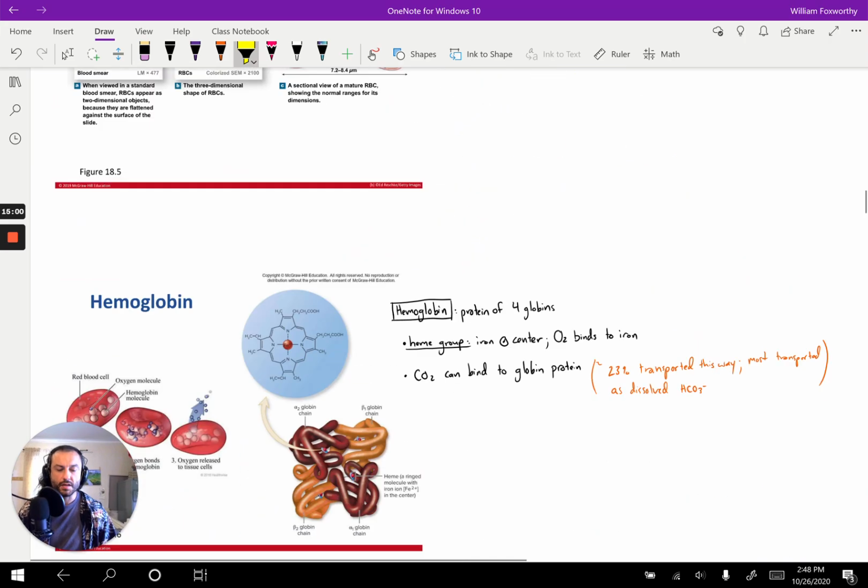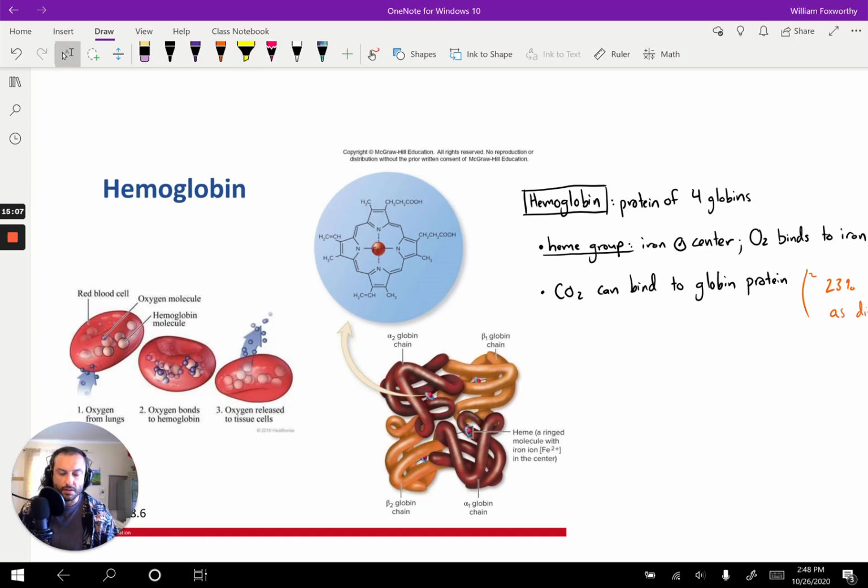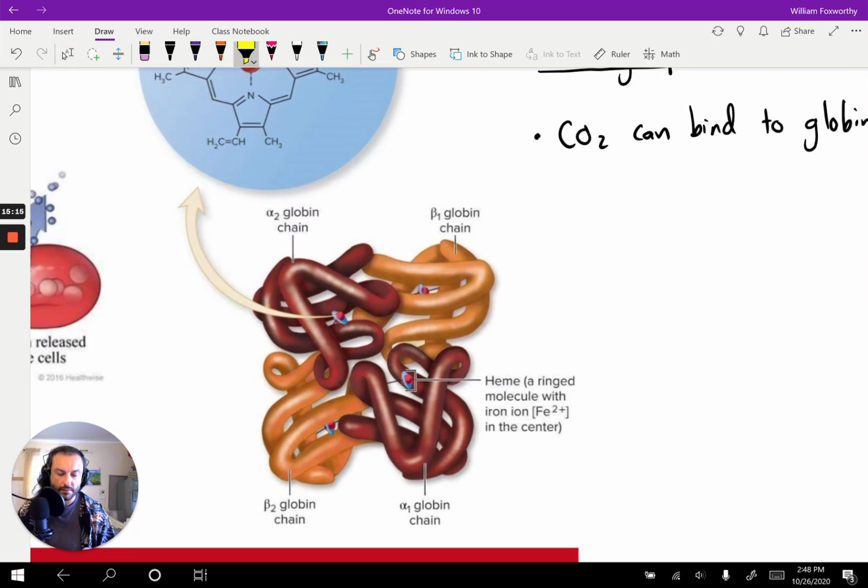Within your red blood cells, you have this molecule called hemoglobin. And hemoglobin is a protein that is made of 4 globular groups. So you can see here, here's 1 globin, 2, 3, 4.